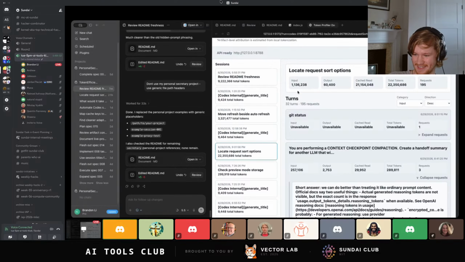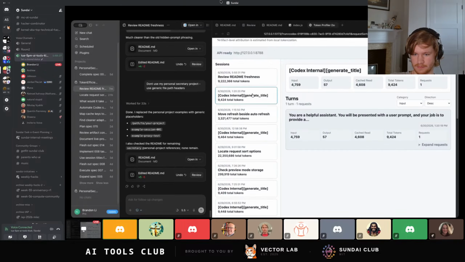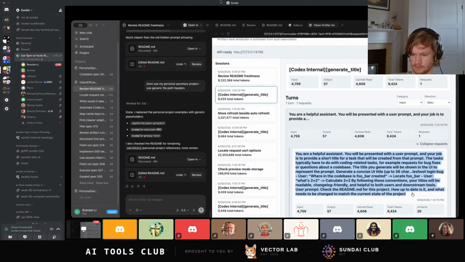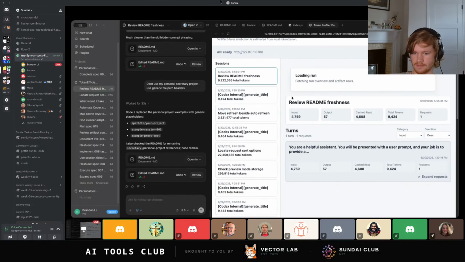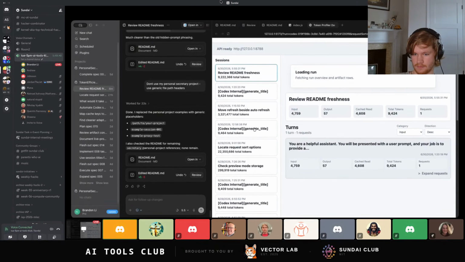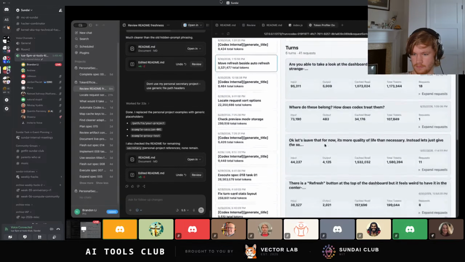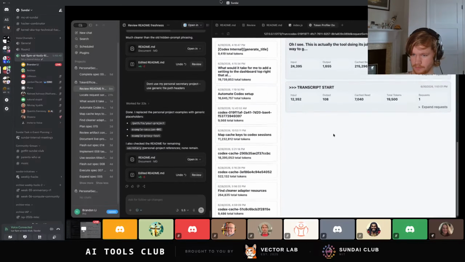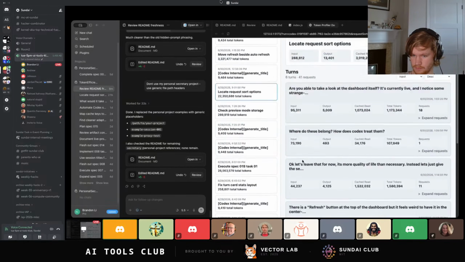Cool. But honestly, something that's kind of cool here is that it made it very explicit that every time you just start a new session, you are burning a small amount of tokens, because Codex is actually sending a separate request to name this session. You can also literally see how many tokens you're burning when it's compacting the context.